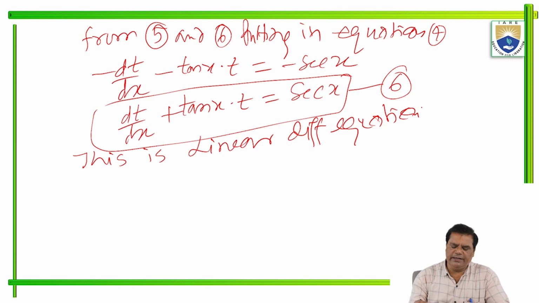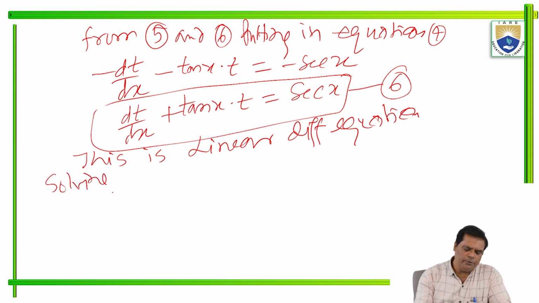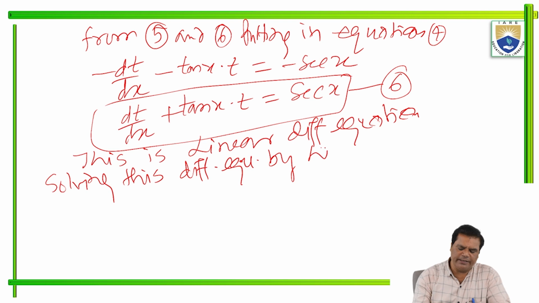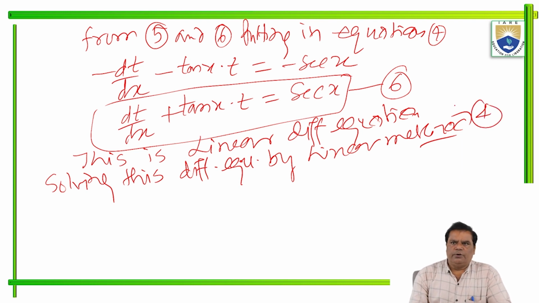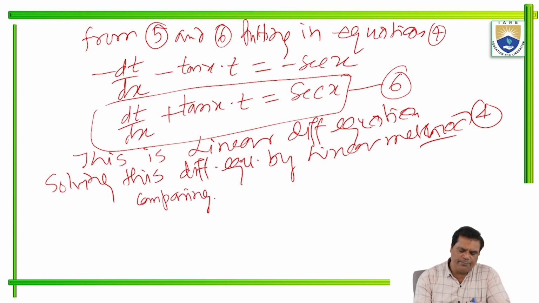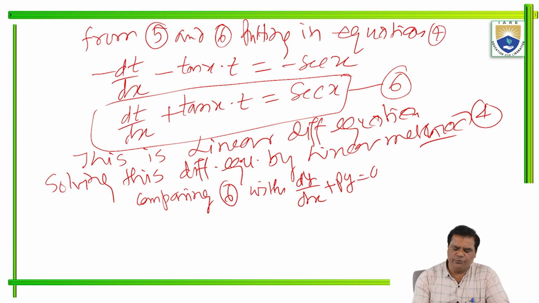Now solving this differential equation by the linear method. So here again comparing this 6 with dy dx plus py is equal to q.